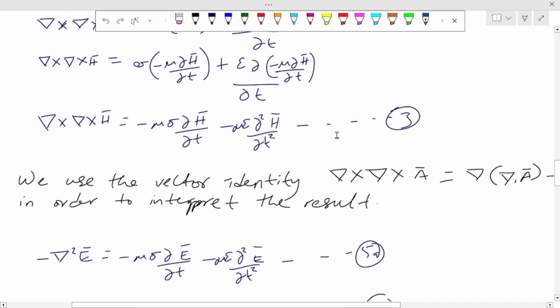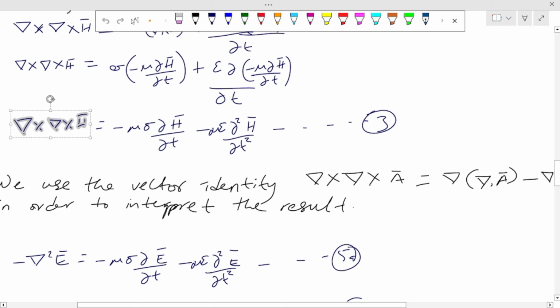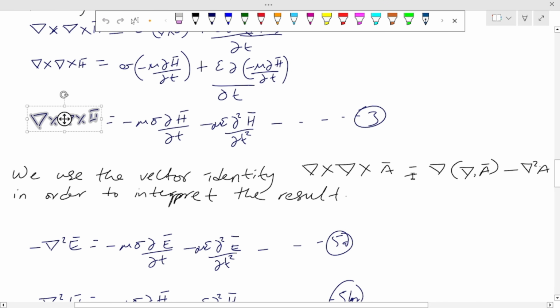Next, I have not simplified the left hand side, but we have a vector identity which you can use to simplify this side, which we did well in the previous video. We explained it, but I just wrote it down here again, which is this. Where you have this expression, you put in this.